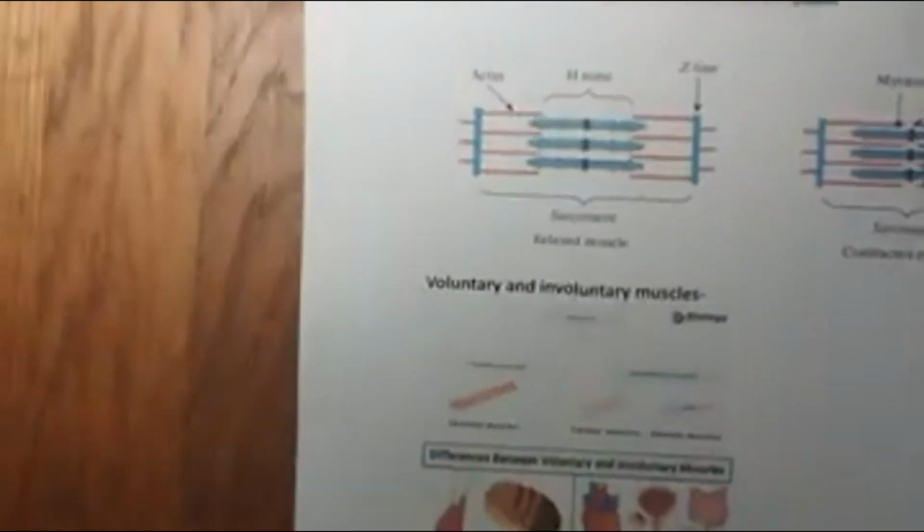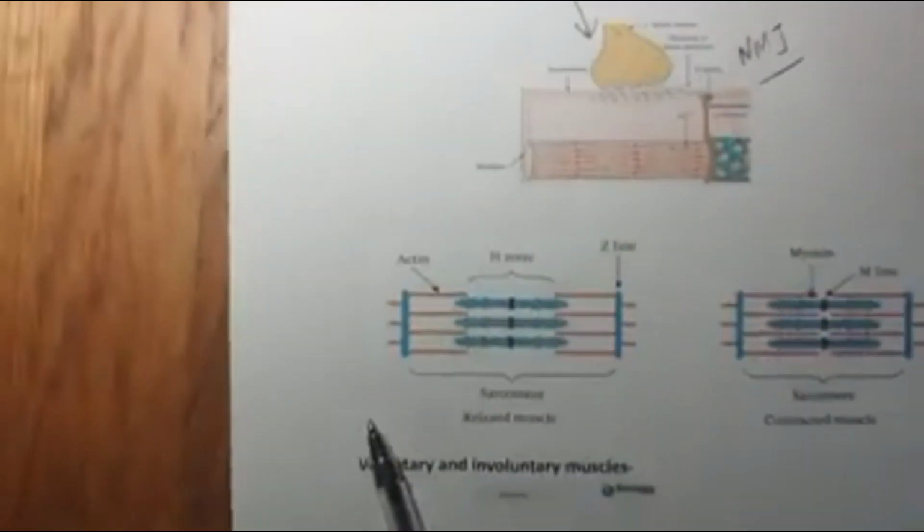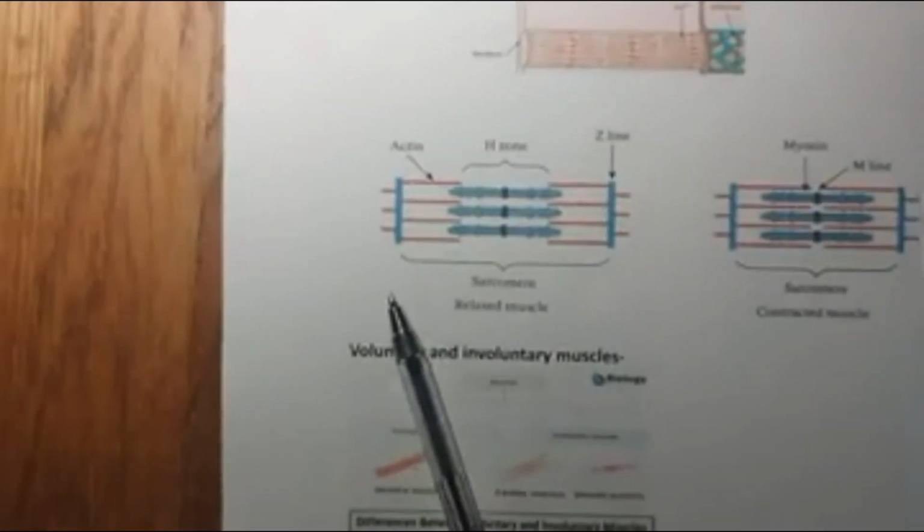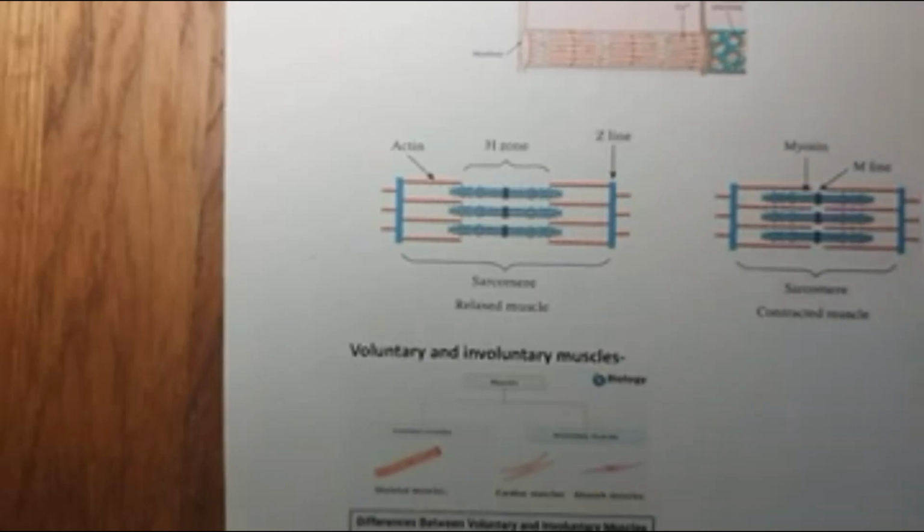Now this is how the nervous tissue carries out action in the muscles and in the glands. Now we will talk a little bit about voluntary and involuntary muscles.